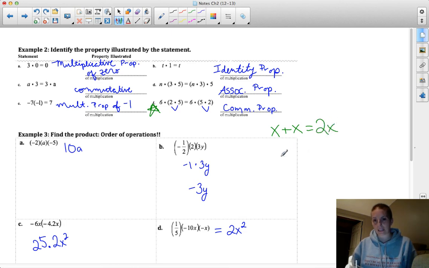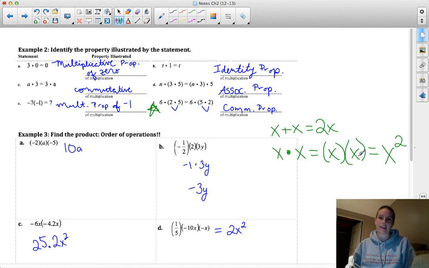In comparison, when we do x times x, or maybe we write it as x times x, that's when my exponent changes and I get x squared. So make sure that those 2 facts and how they are different is something you practice. So again, practice those example 3 problems and then come back and check your work.